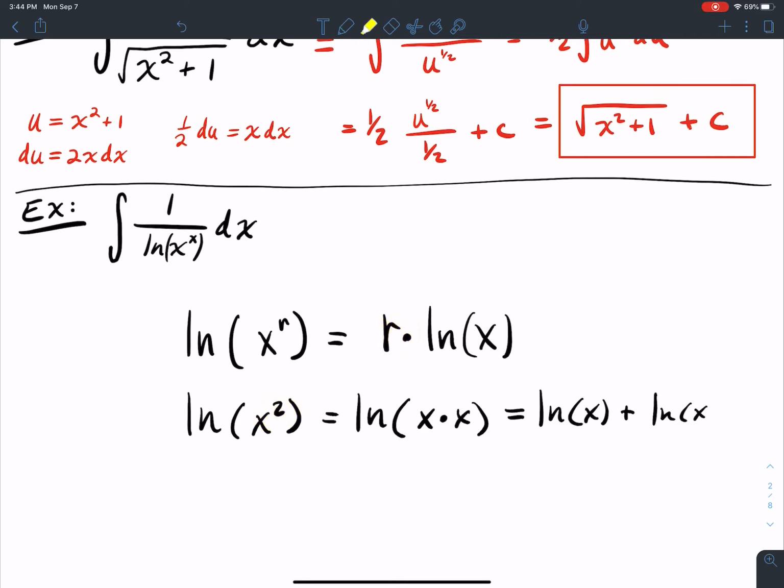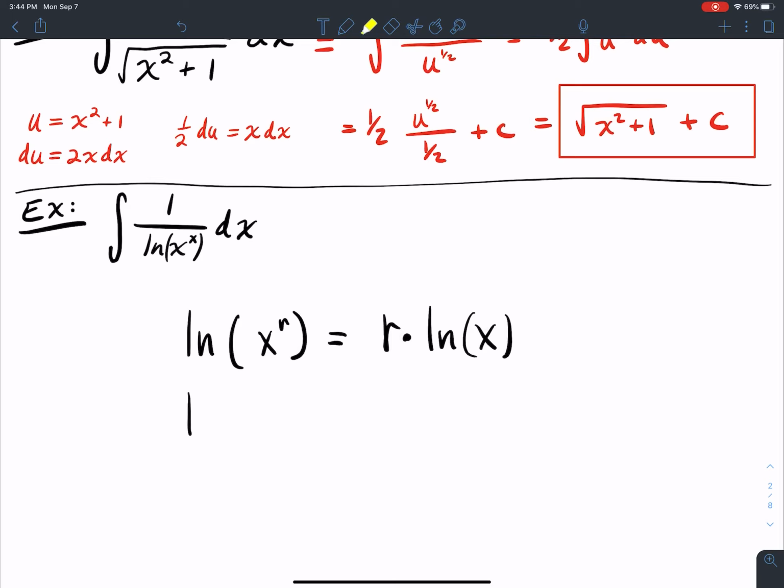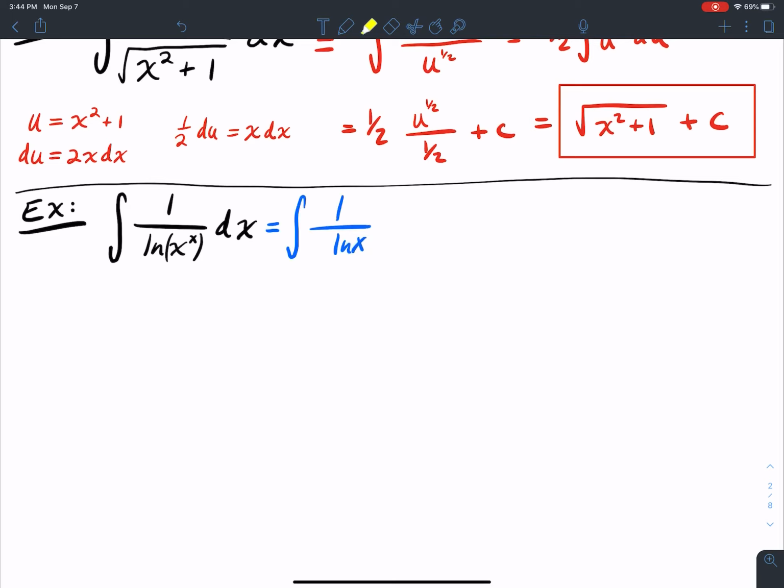So that's what that rule does. I'm going to use that rule to my advantage here to simplify first. If you can simplify, simplify. I promise it will make your life a little bit easier. So I simplify, bring the x out to the front, okay? And so I have the integral of 1 over x ln x dx.